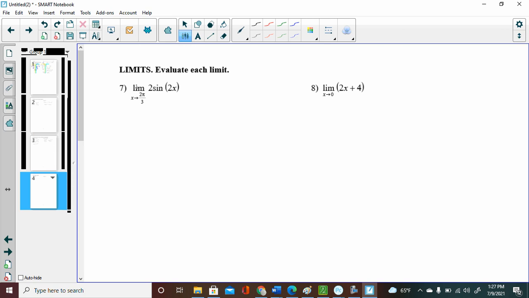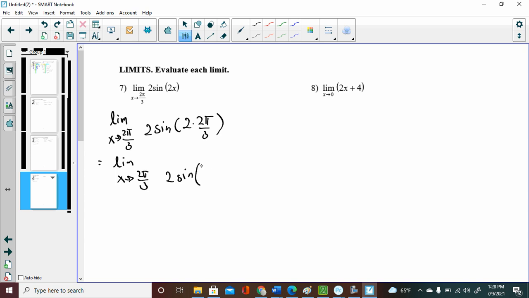Next, we're going to get the limit as x goes to 2 pi over 3. All you do is substitute in here. So it's 2 sine of 2 times 2 pi over 3. This equals the limit as x goes to 2 pi over 3 of 2 sine 4 pi over 3.